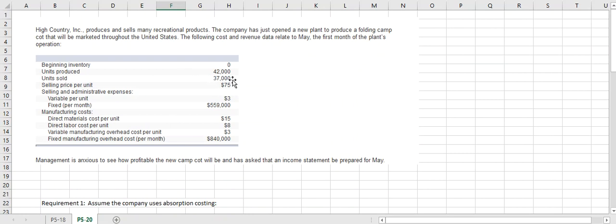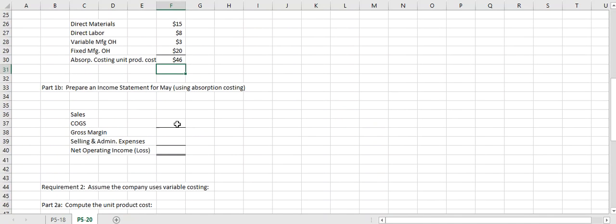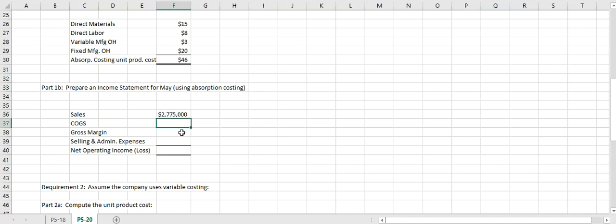We know we sold 37,000 units, and we also know that we charged $75 a unit for those. So we can come up with our total sales by taking the number sold, which was 37,000, and multiplying that by $75, which is what we charge per unit. So that should give us $2,775,000 in sales.